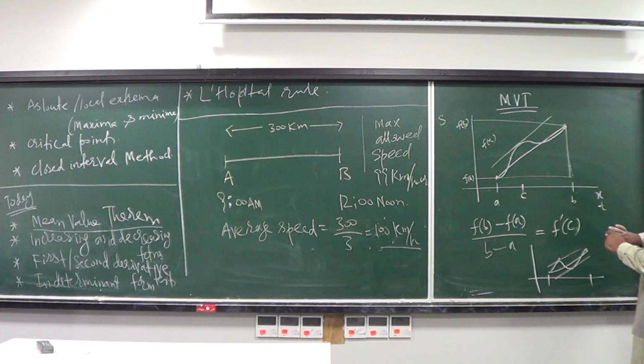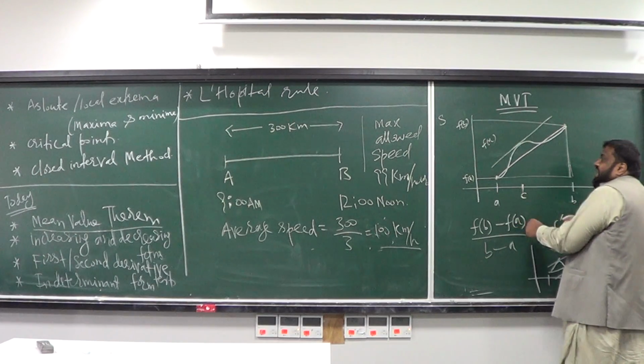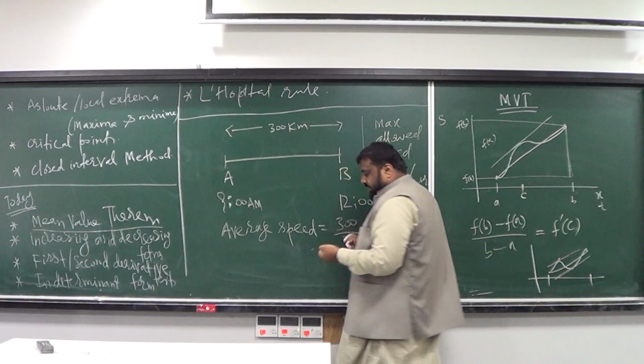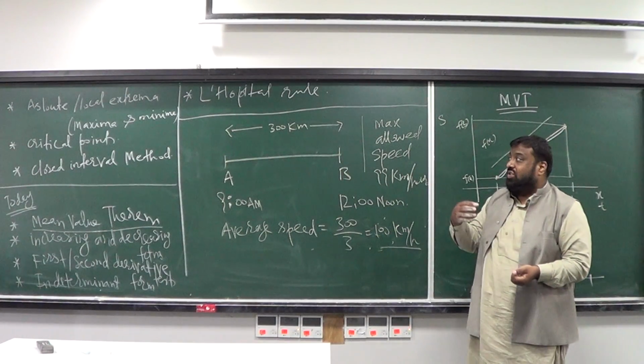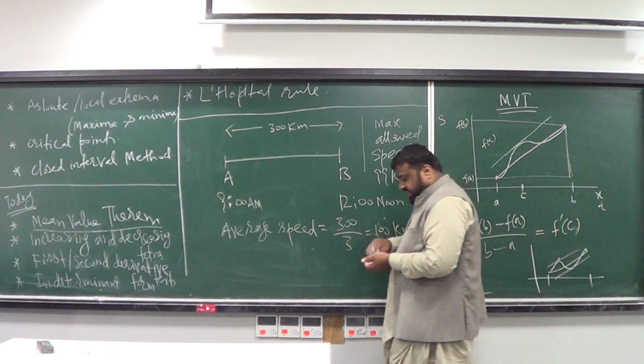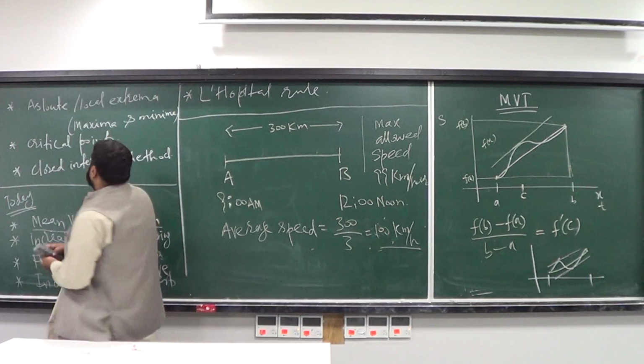So with this intuition, this is a mathematical way of understanding it. This is one of the interpretations of this mathematical description, and now I would like to write a precise statement of the mean value theorem, what the mean value theorem is telling you.